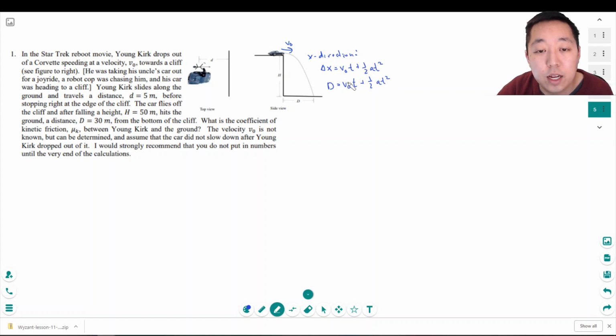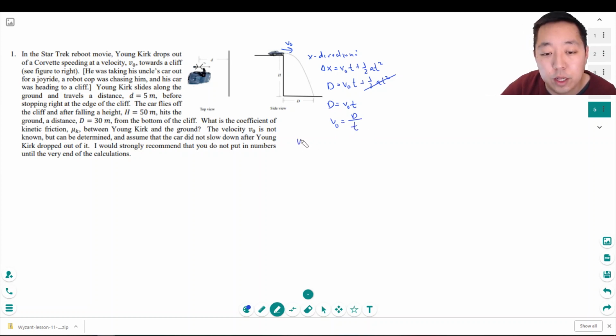Now, v0 is what I'm trying to solve for. The acceleration is 0 though in the x direction, right? Because we ignore air resistance and everything. So d is really equal to v0 t. Okay, so I can solve for v0, it's equal to d over t, but I don't know how long it was in the air for. It depends on how long it was in the air for, and that's when I look at the y direction.